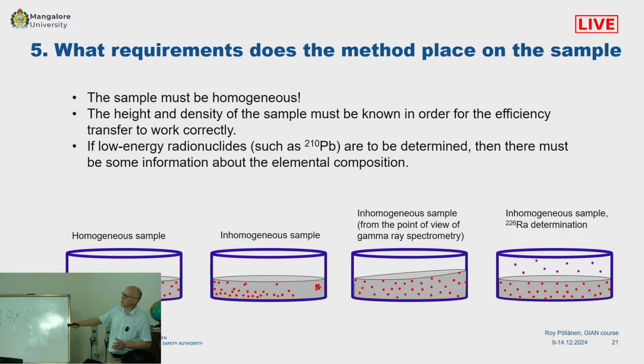So this is a homogeneous sample, this one. The nuclides shown here as red spots are homogeneously distributed. This is not a homogeneous sample, because there is a set of nuclides here, not here. From the point of view of gamma ray spectrometry, it's not a homogeneous sample. Basically it's homogeneous, but the surface is a little bit tilted.